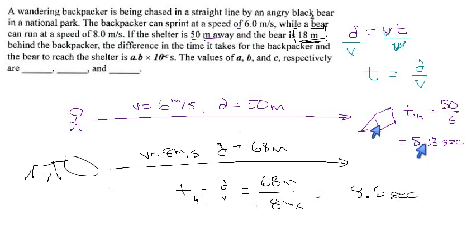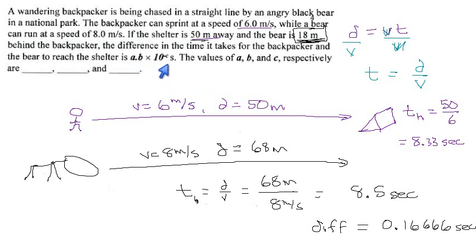So unless they can get through a door and slam it in 1/6 of a second, there might be a mauling taking place here. The difference in time that it takes would just be 8.5 minus 8.33. So the time difference comes out to 0.166666666 seconds. Oh, and they like to do this with numerics.